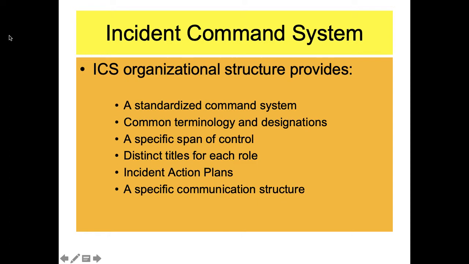Those were unified command systems that encompassed more than one agency and had hundreds and even thousands of people working. And it's a great system to structure this and to respond in some kind of organized manner, essentially.